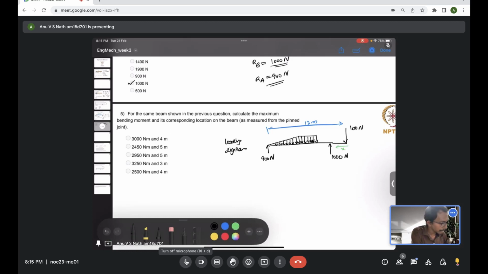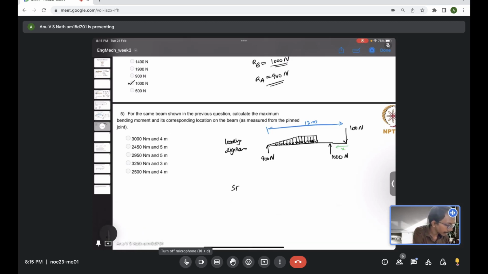So now the shear force diagram. When x is 0, we are at this end and we have a shear force of 100 Newton acting downward. So this will be 100 Newton like this. Then there are no other forces acting on the system.